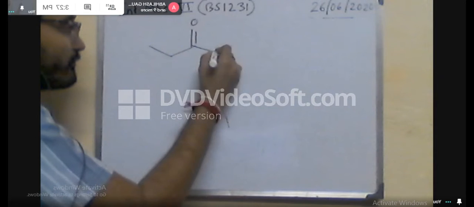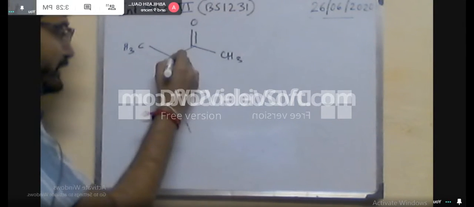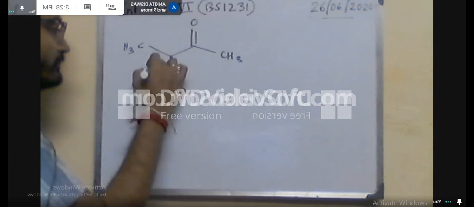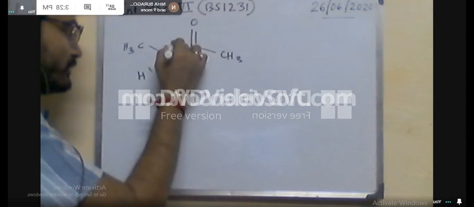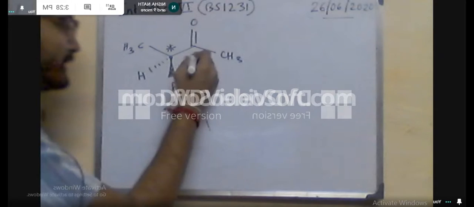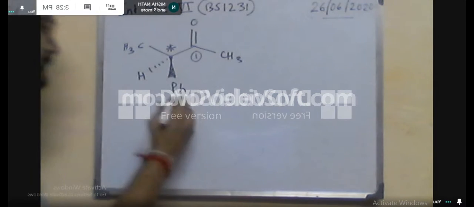Now if I find the configuration of this center, this is 1, this is 2, this one is 3, and this is 4. And you know, if the fourth group is in the backward position, according to convention it will be the plus. Now rotation of the rest of the 2 bonds, that is 1, 2, 3, is clockwise rotation, so that means plus. So as a whole you will get the configuration is R.